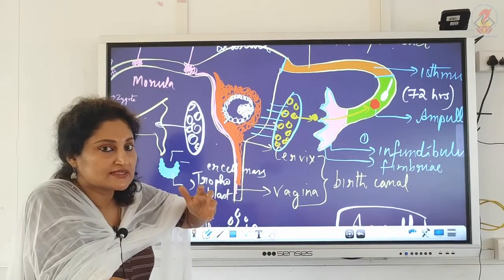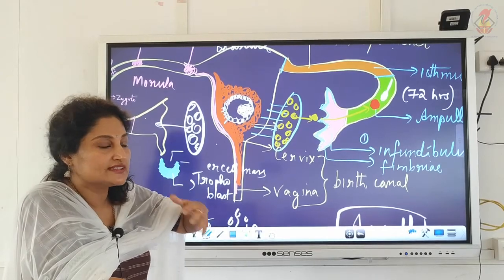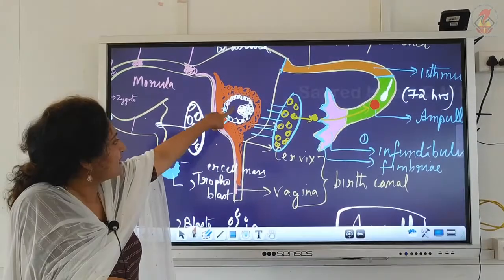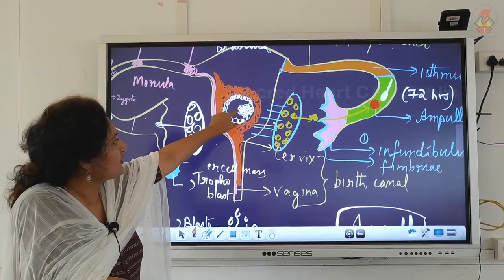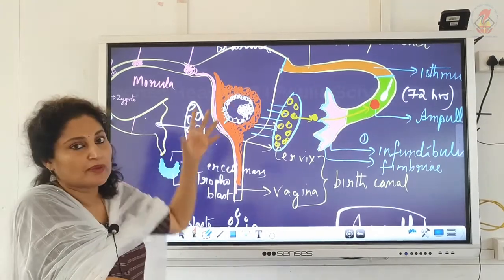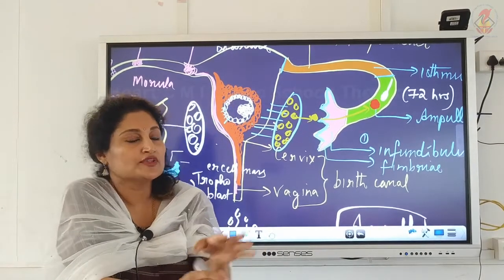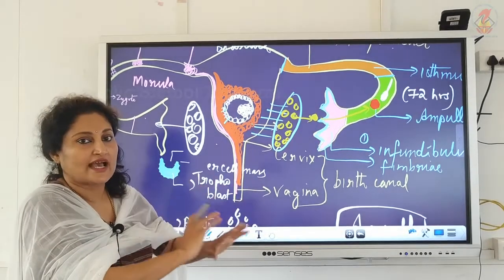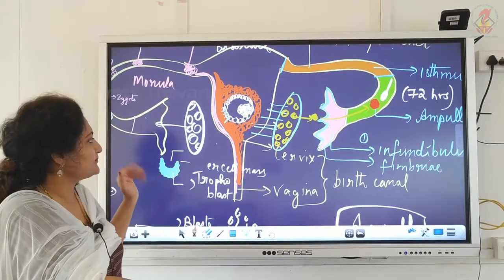Then the cells of the uterine endometrium divide, redivide and cover the entire late blastula, and thus the late blastula gets embedded. This process of embedding the late blastula on the uterine endometrium is known as implantation. Now it is tight and fixed in the uterus.